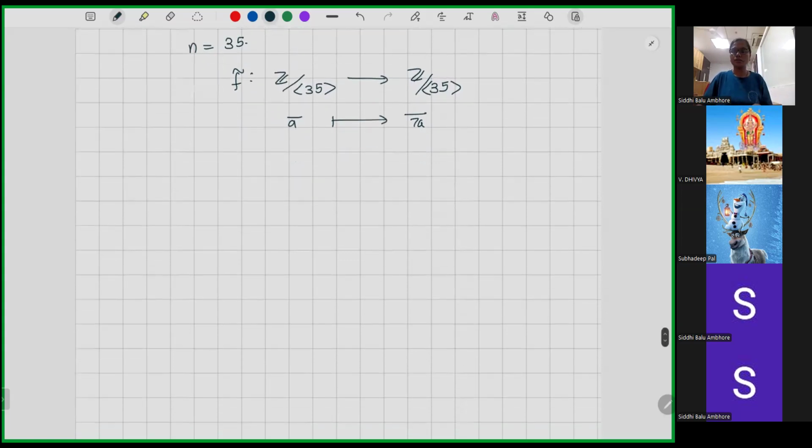And so if I want to find the kernel, so for any B in Z mod 35, B is now going to 7 into B bar, right?